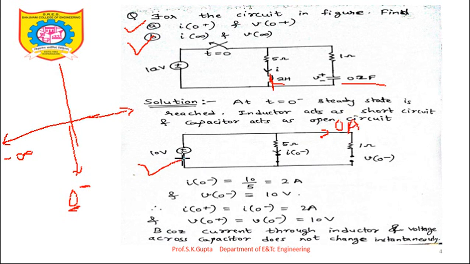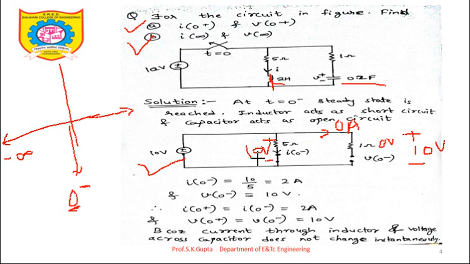As you can see, this 10 volt is in parallel with this 5 ohm, so the same voltage will appear across this 5 ohm also. Voltage is 10 volt. The same voltage will appear across this branch also, but as the current is 0 ampere, the voltage across this 1 ohm is 0, but 10 volt will be present, so that 10 volt drop will be nothing but Vc of 0 minus.